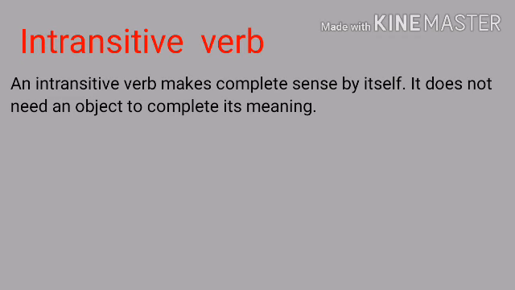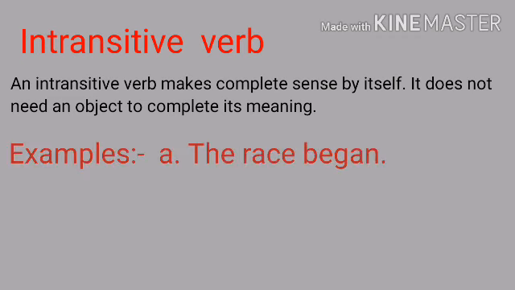It does not need an object to complete meaning. For examples, the race began. In this sentence, the word began is intransitive verb because it does not need an object for its full meaning.